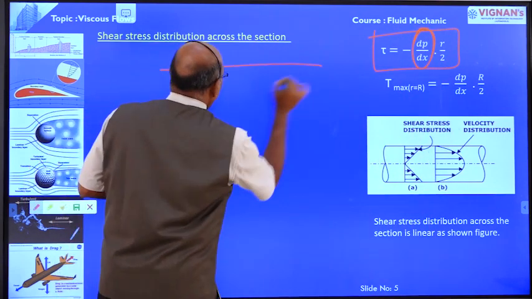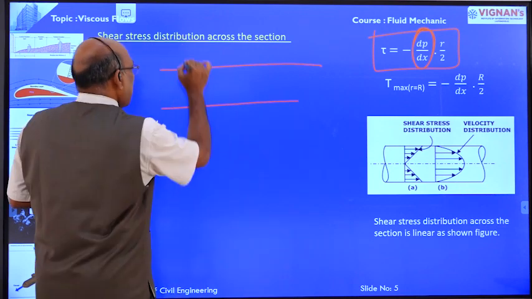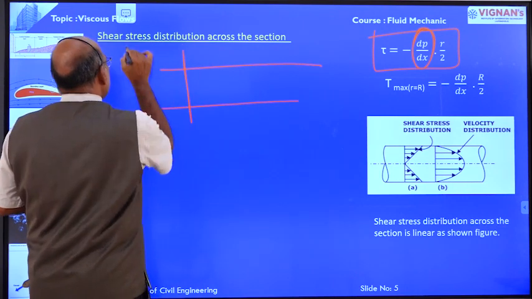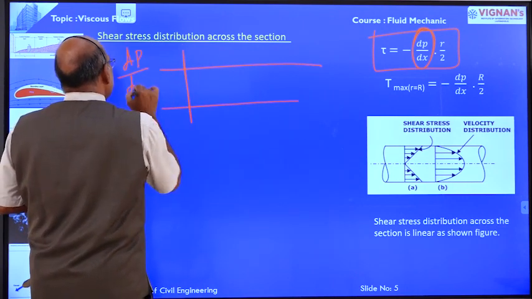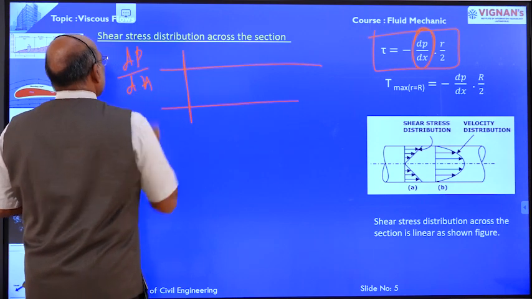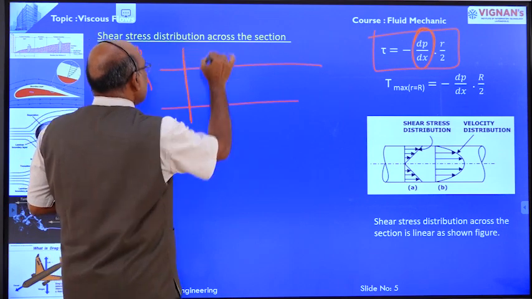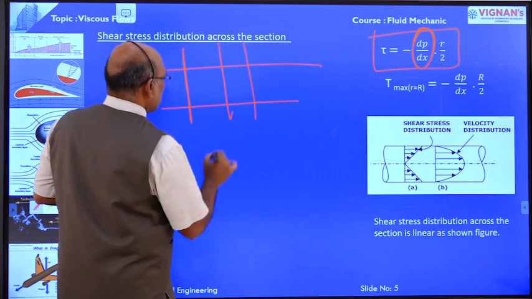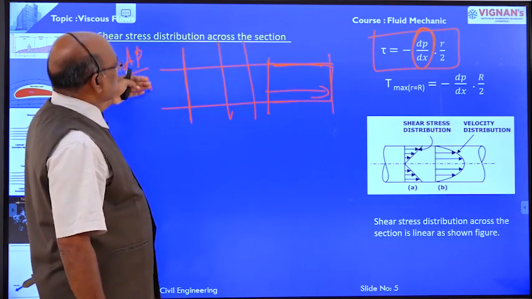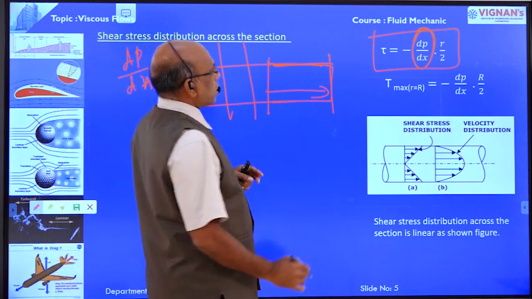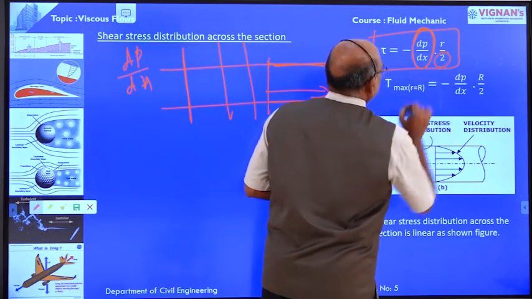Suppose this is the pipeline. Across the section, dp by dx, the pressure with respect to x, is constant at any section, and 2 is also constant.